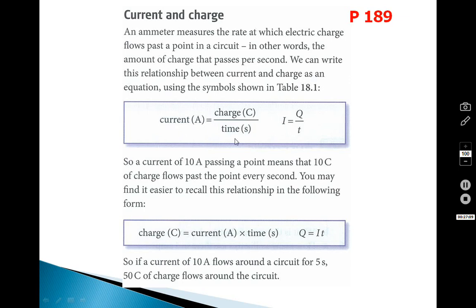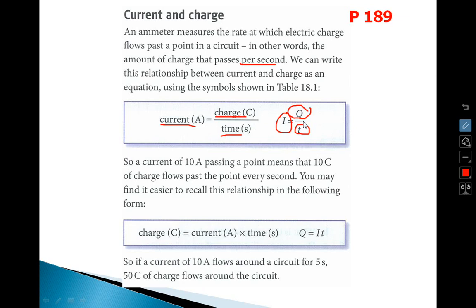Current I is equal to charge over time. It's the amount of charge that passes per second. So I is equal to Q over T. Current is the amount of charge over time.